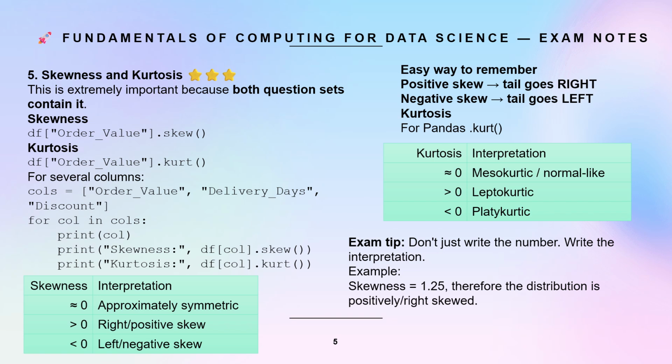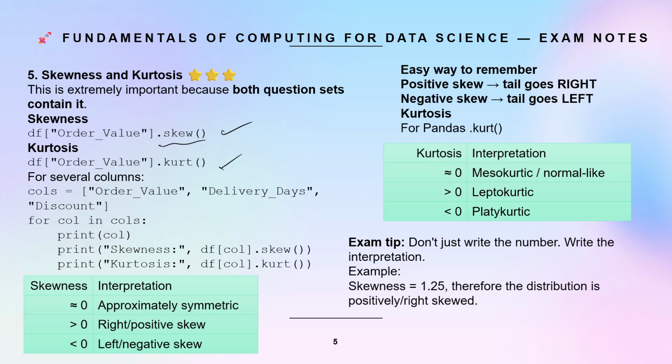Next is skewness and kurtosis. This is extremely important. For skewness you use dot skew, and for kurtosis you use the kurt function. For several columns, you can use a for loop and then use df of column dot skew or dot kurt.